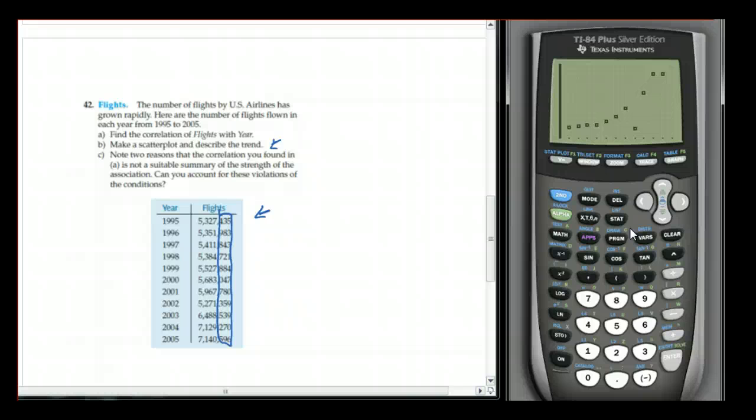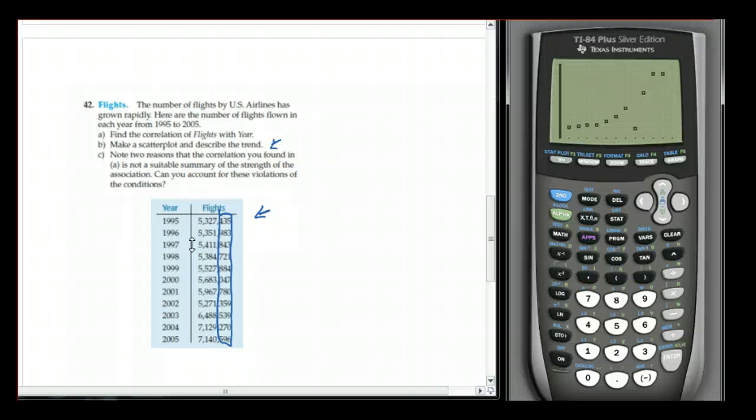Well, the trend is that the number of flights is increasing as the years go by. Clearly. So I'm not describing the scatter plot in this case, so be very specific in how you're answering this. The trend is positive and curved, and definitely mention the outlier in 2002.